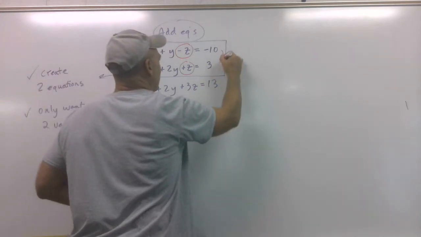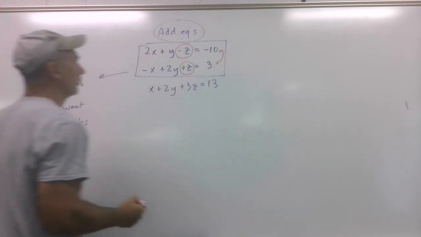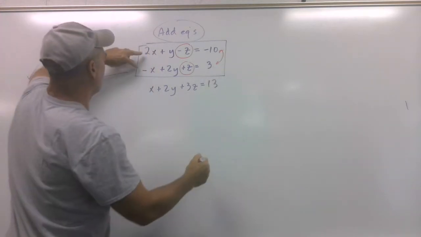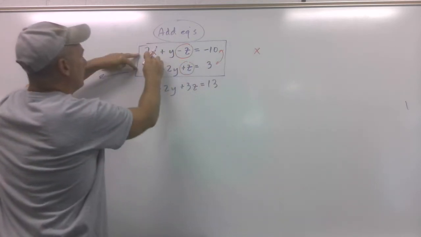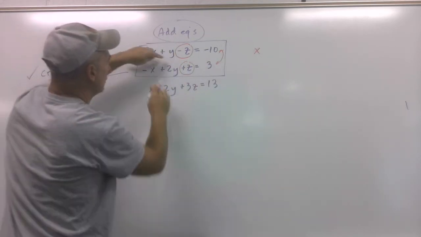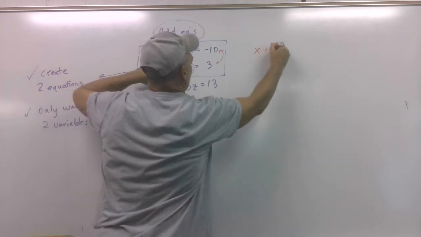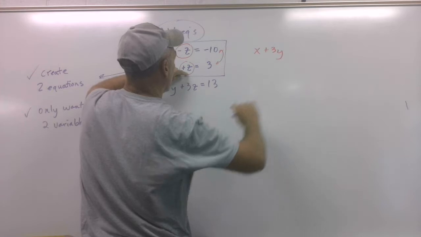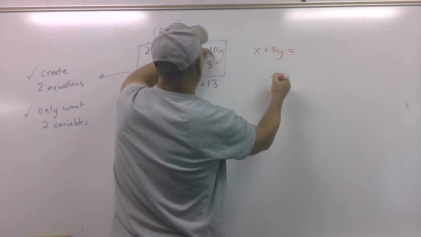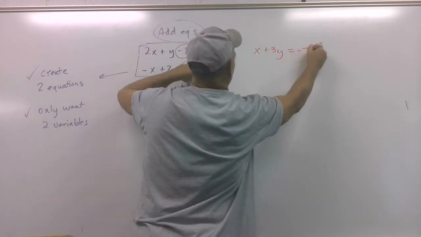So if we added these 2 together, 2x plus negative x is x. Y plus 2y is 3y. And then negative z plus z is 0, gone, equals negative 10 plus 3 is negative 7.